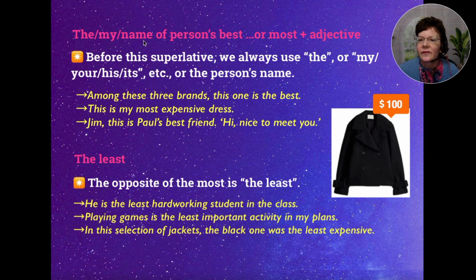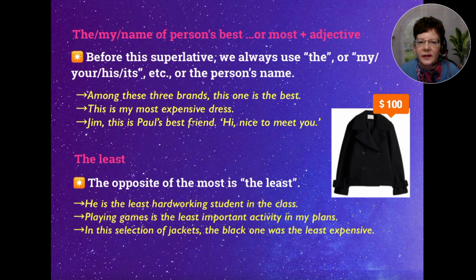Okay, then we have a person's name, or best or most plus an adjective. So before this superlative, we always use the or my, your, his, its, etc., or the person's name. So for example, among these three brands, this one is the best.